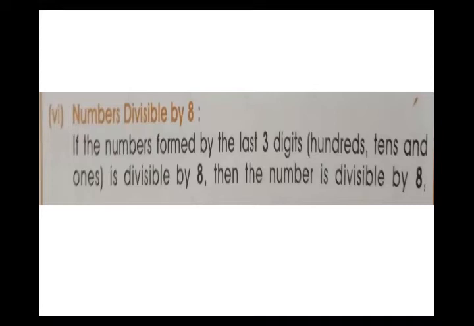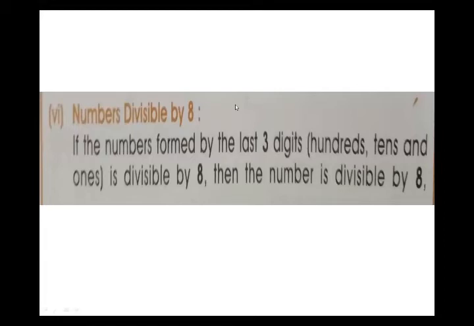So firstly, I'll explain the rule to find whether a given number is divisible by 8 or not. If the number formed by the last 3 digits... In the case of divisibility by 10, we just consider the number in the ones place.